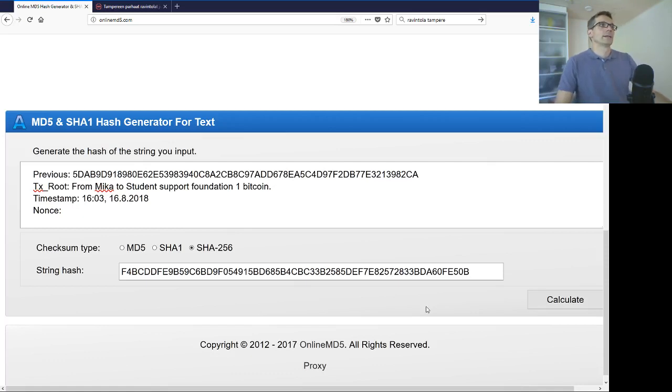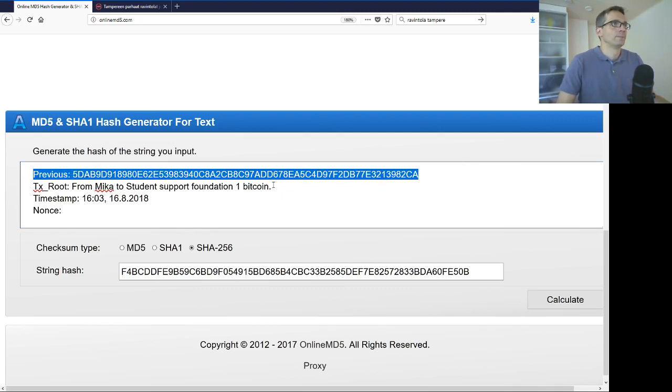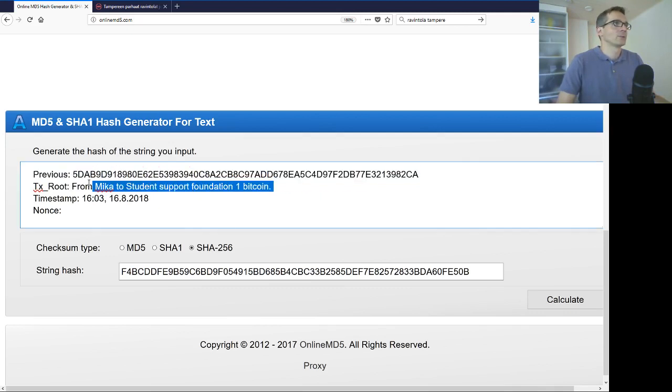For the screen, I have created a Bitcoin block. So we have the previous hash on this line over here. Then we have the TX root, which in this case, for the sake of simplicity, only includes one value which is not even hashed. So I have skipped some steps to keep this example understandable.